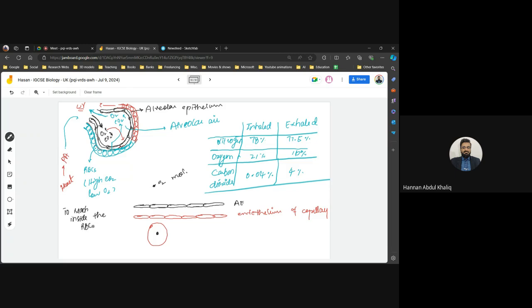How many cell membranes does it have to cross? 1, 3, 5, or 7? I'll change the 7 with 4.